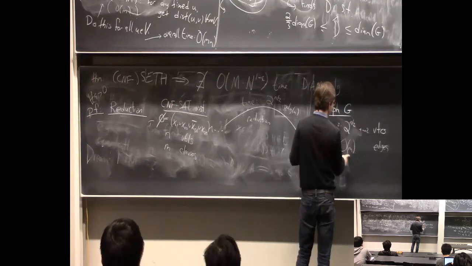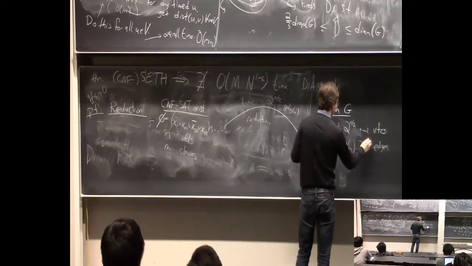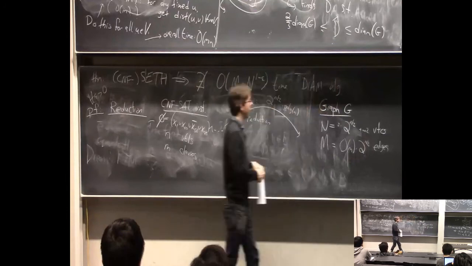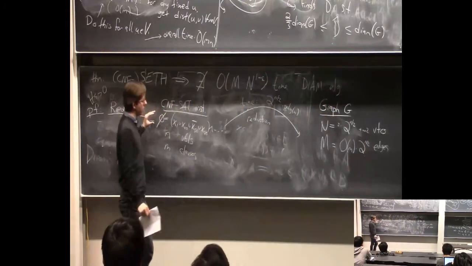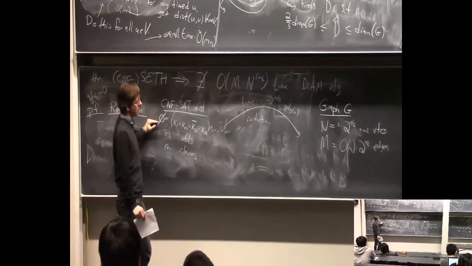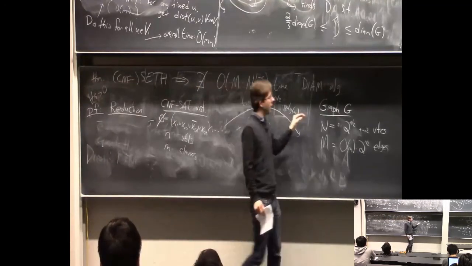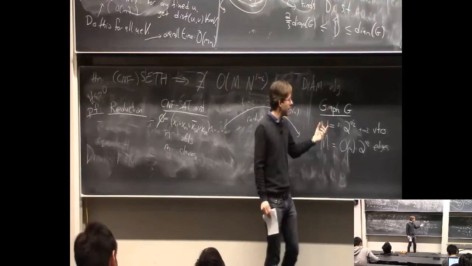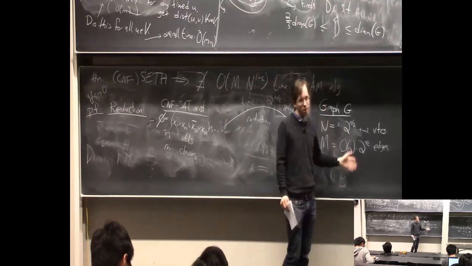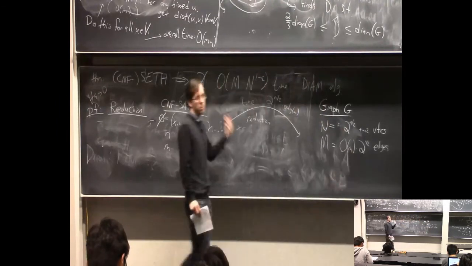It's actually order of little m times 2 to the n over 2. So basically, you have a reduction from an n variable SAT instance. The reduction runs in time 2 to the n over 2. And the graph it makes has about 2 to the n over 2 vertices and about 2 to the n over 2 edges, a bit bigger than that.